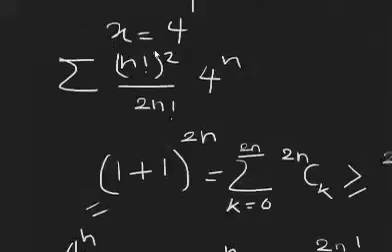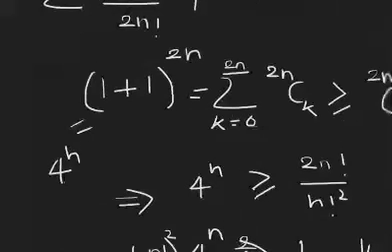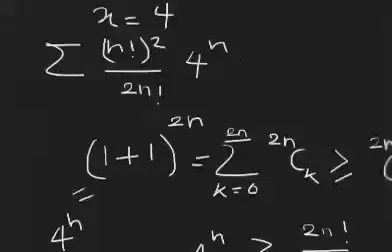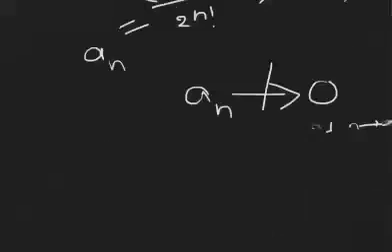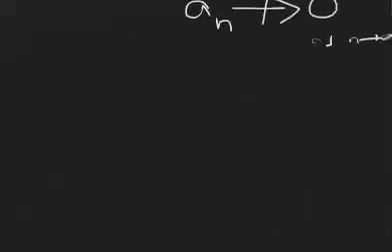Similarly, you can show that when x is equal to -4, the series is divergent. So, alright, therefore the interval of convergence of that power series is (-4, 4).